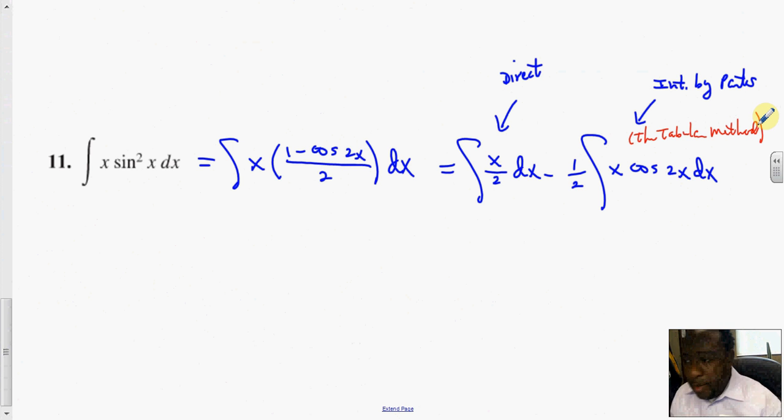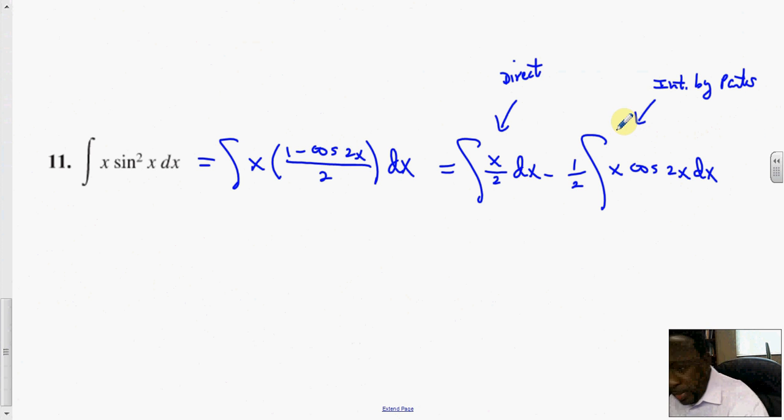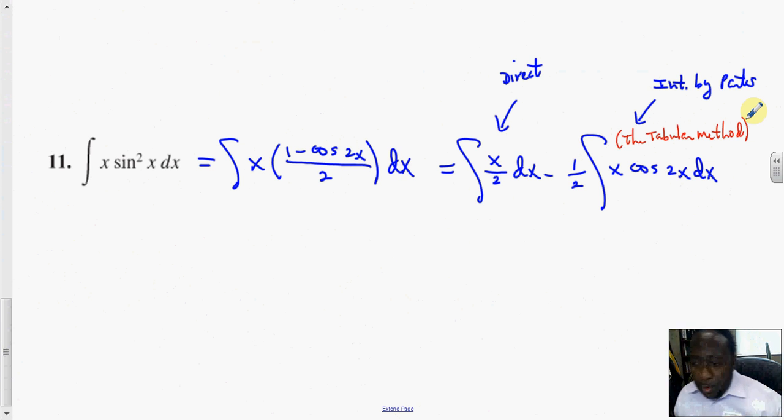So we use that tabular method. It's x, take the derivative of x, we get 1, take the derivative of 1, we get 0, alternate the signs.